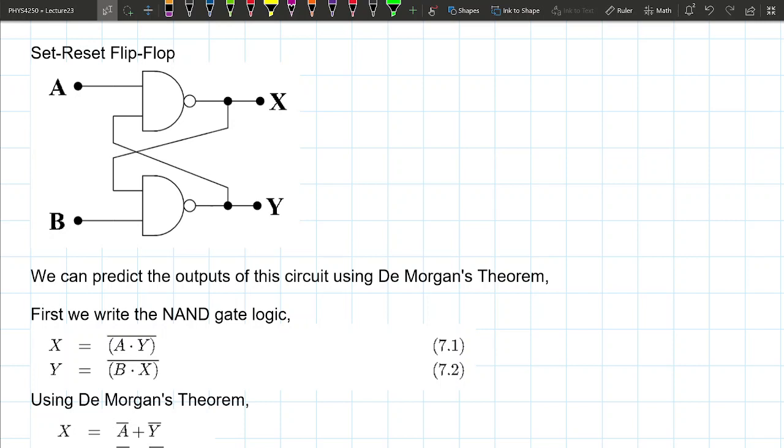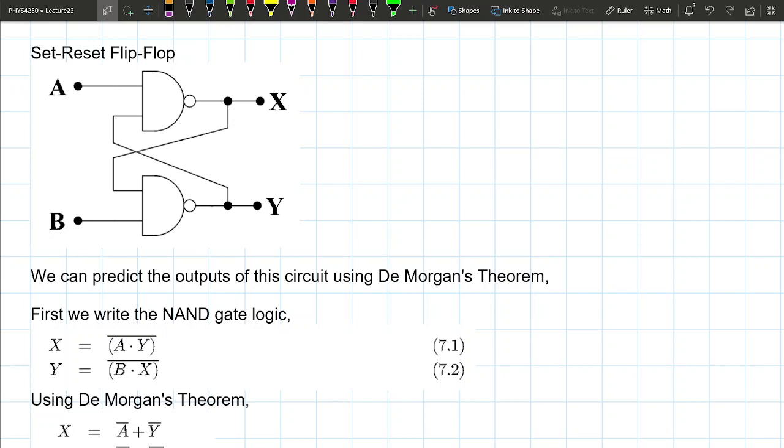But the input for the bottom NAND gate is the output of the first one, and the input for the first NAND gate is the output of the second one. Now you've got a weird catch-22. Anyone know what catch-22 means? How do I know what the output is without knowing the inputs? If I don't know the inputs, I don't know the outputs. So there's a catch-22 situation.